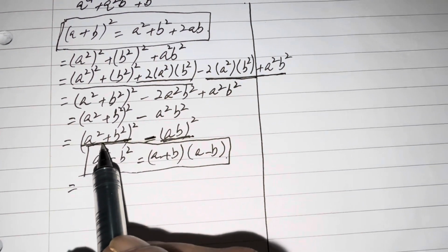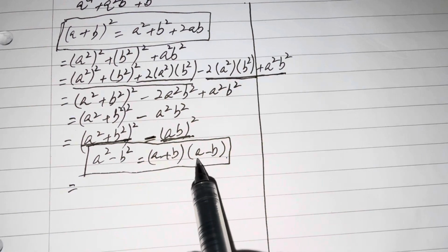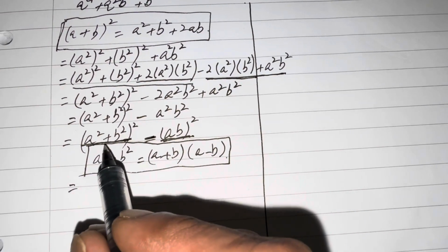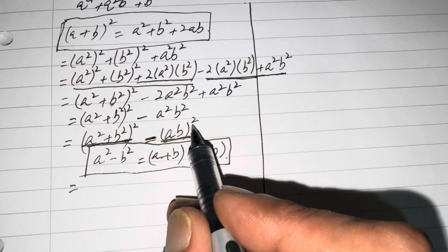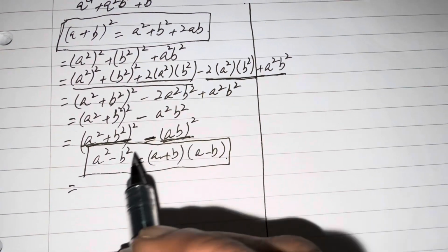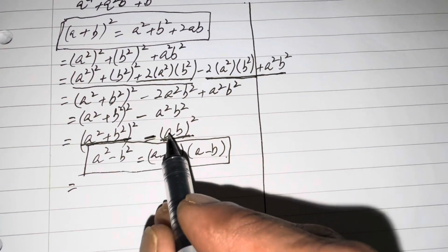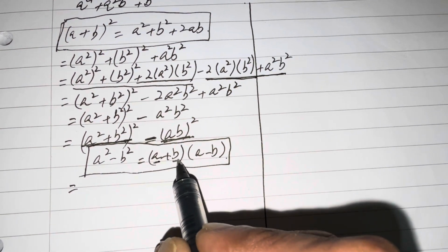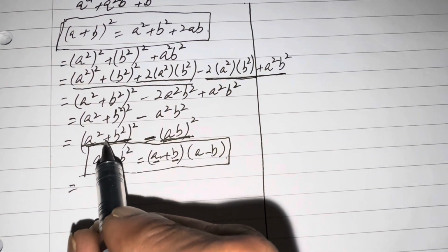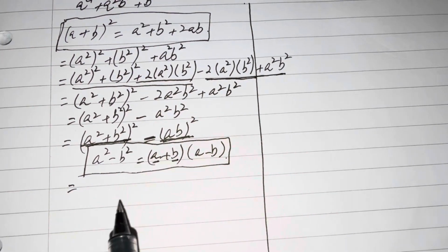So we can write with the help of this formula, the square of first minus square of second, as first plus second into first minus second, just like this formula.